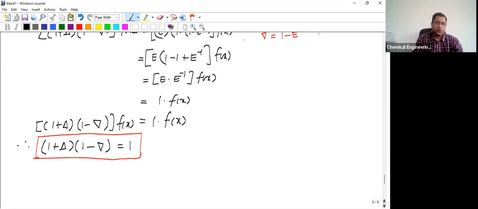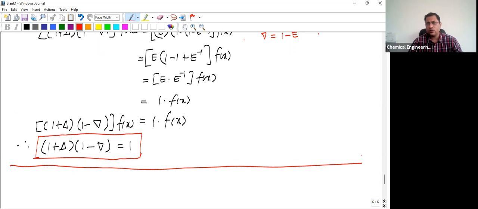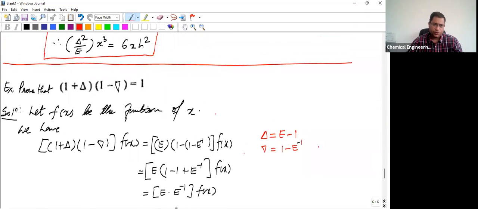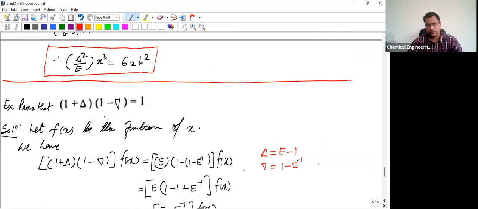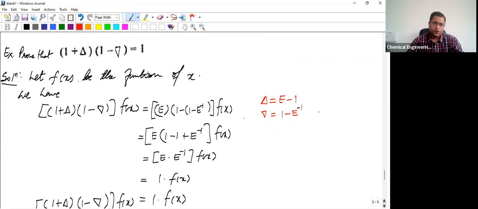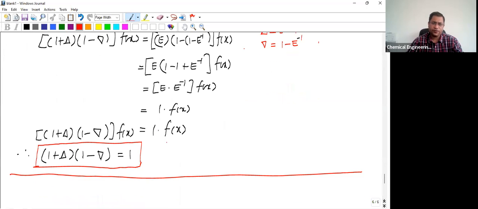Now this is how we are able to prove the claims using these operators. So what we have to do is first assume the function, then operate the given operator on that function, and then find out at the final step what operator is equivalent to what.